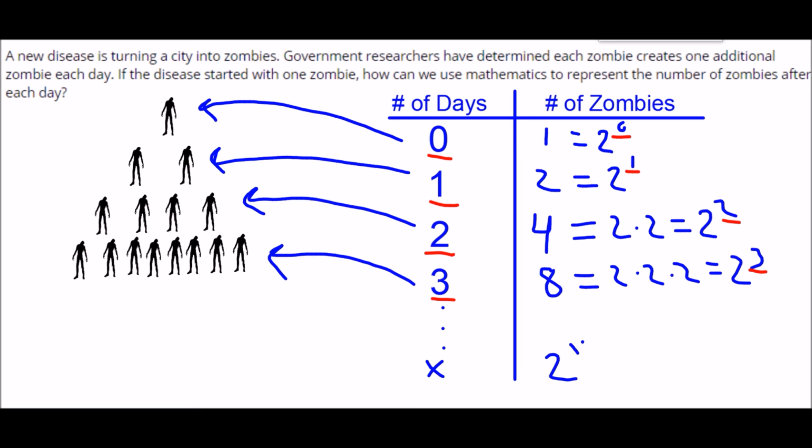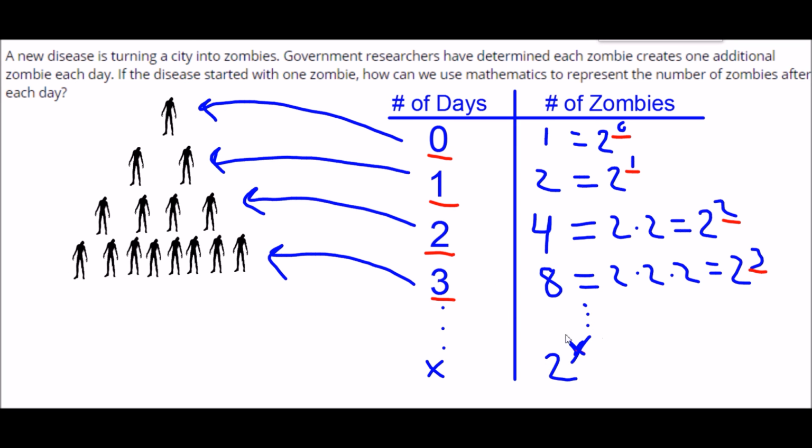And this is an example of how we can represent this model using exponential functions. An exponential function is basically this idea that anything has a variable in the power.